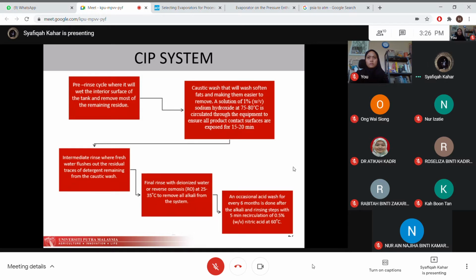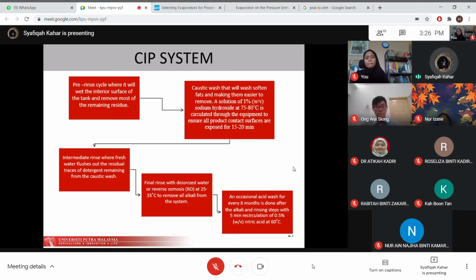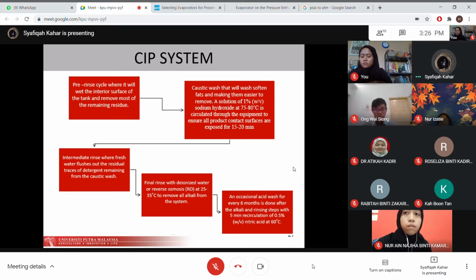Okay, next is the CIP system for the bioreactor. This is almost the same as the previous one. Firstly is a pre-rinse cycle where the water will wet the interior surface of the tank to remove the remaining residue, and then there will be a caustic wash that uses sodium hydroxide at 75 or up to 80 degrees Celsius that will circulate through the equipment to ensure contact with all product surfaces.